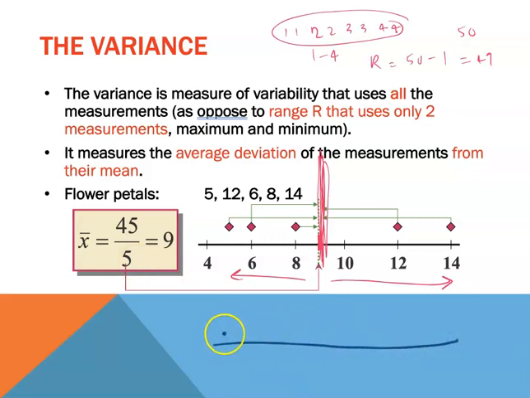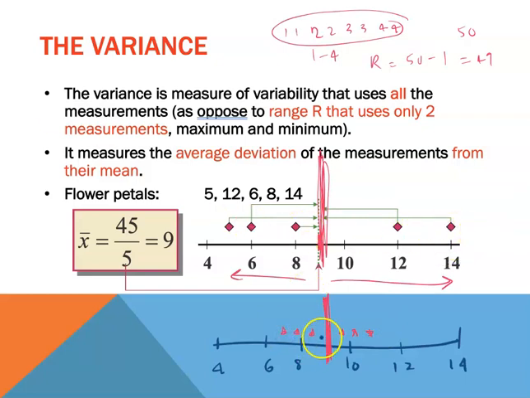So this is my line over here, same values, 4, 6, 8, so on. Let me just put that here really quickly. 4, 6, 8, 10, 12, and also 14. And my center is over here, same center, but my data is more over here instead of distributed like that.